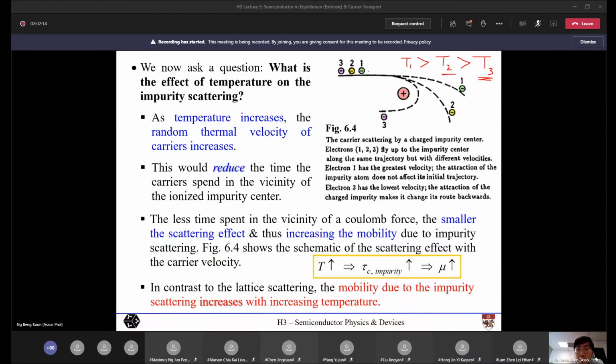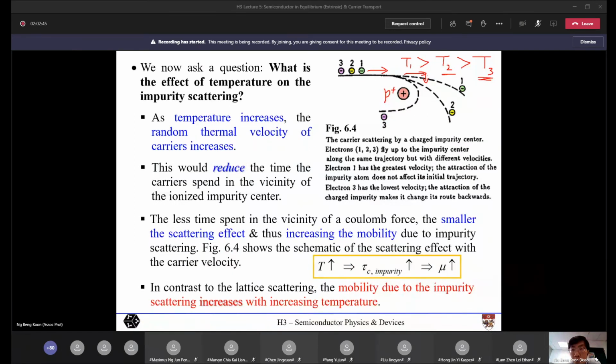So for electron 1, let's say all of them are moving in this direction. When they encounter this ionized phosphorus atom, the positive charge would exert an attractive force, pulling the electron towards it. So in addition to the velocity going in the horizontal direction, the electron will also experience this attraction force from your ionized dopant.